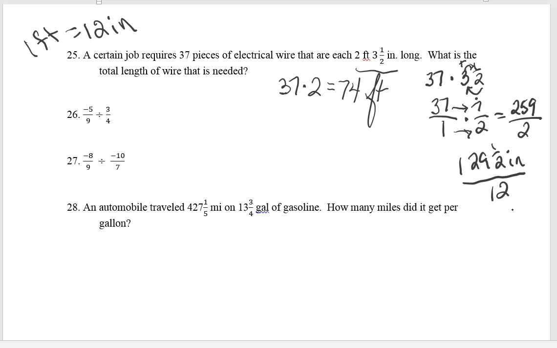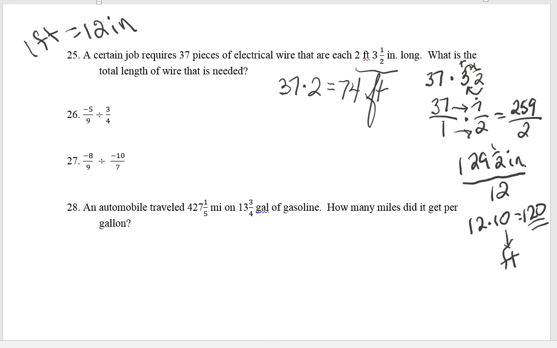So we're just going to work with the 129. 129 divided by 12 goes in 10 whole times. So let's look. 12 times 10 is 120. So I've used up 120 inches if I do 10 feet.